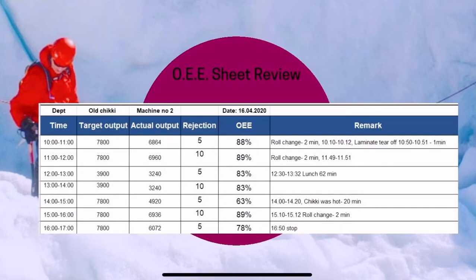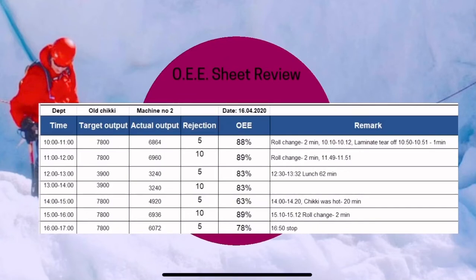Now, when we review the O.E.E. sheet, we need to focus on the operational downtimes, specifically unplanned operational downtimes. If you look into this sheet, here you can see that the lunch break is 62 minutes. Suppose in this company, the lunch break is only 30 minutes, but the lunch break is elongated due to the skills or the waiting of the operators for some reasons. So, if you review this sheet, you can easily identify the loss of waiting in your manufacturing system.